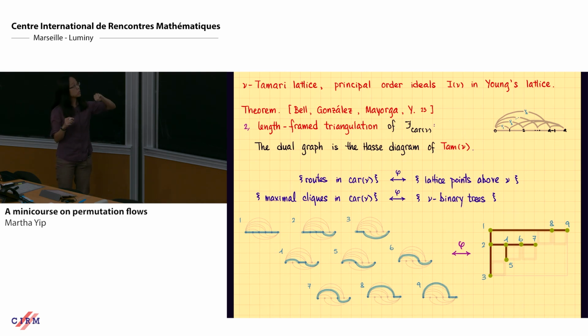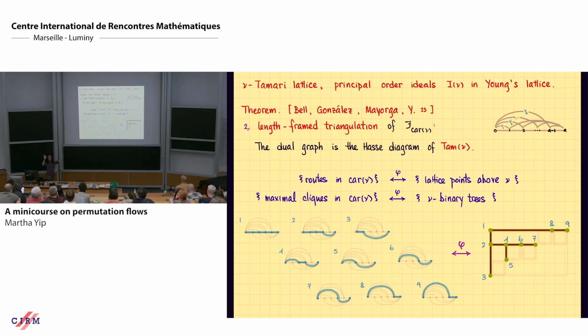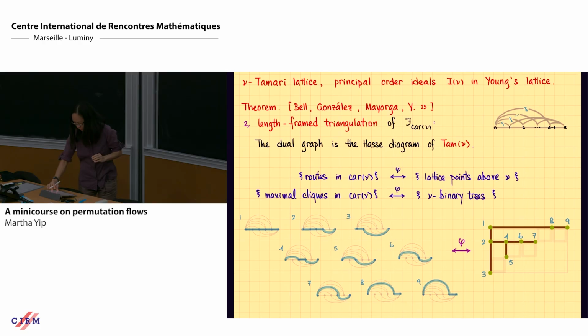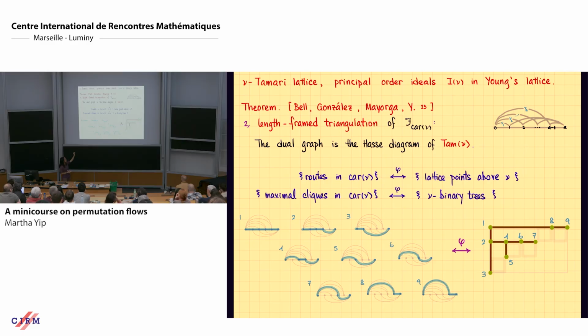This appeared in some work of Cesar, Arnau, who am I missing? Camilo? But yes, coherence in this framing gives us new binary trees.